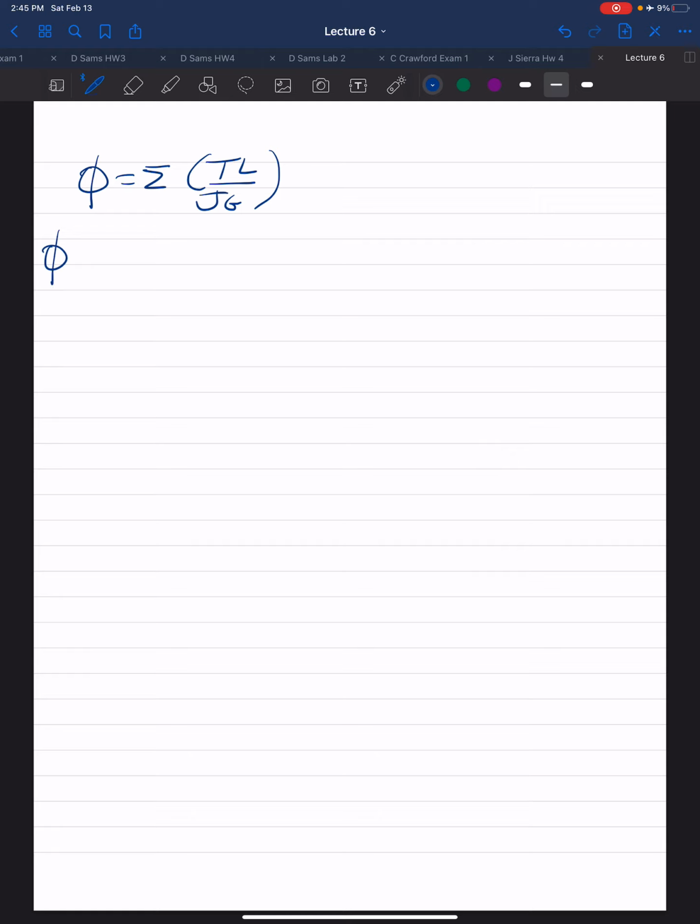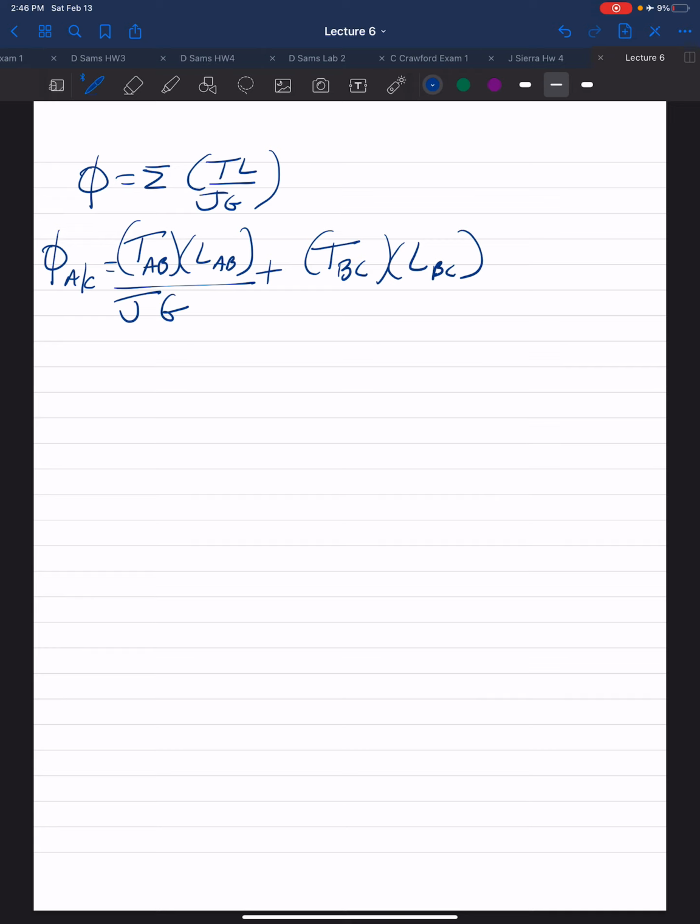So our angle of twist of A relative to C will be our torque in section AB times your length of section AB over J times G, plus your torque in section BC times your length of section BC over JG.